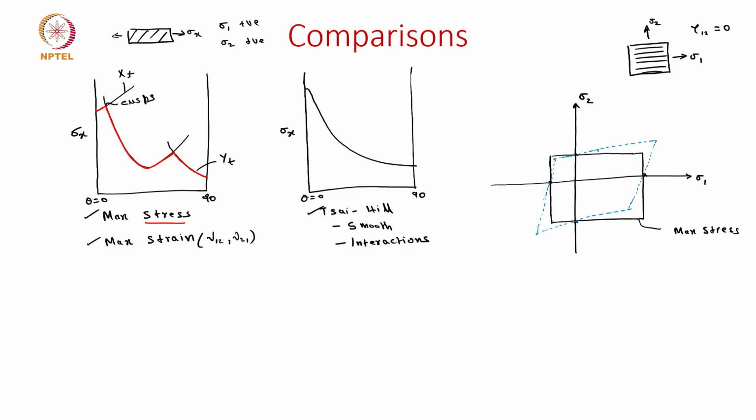Okay. So the slopes here can be shown with nu21 and the slopes here can be shown with nu12. Okay. So this is the maximum strain.